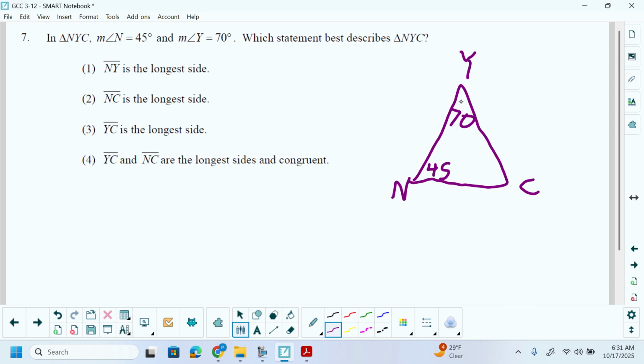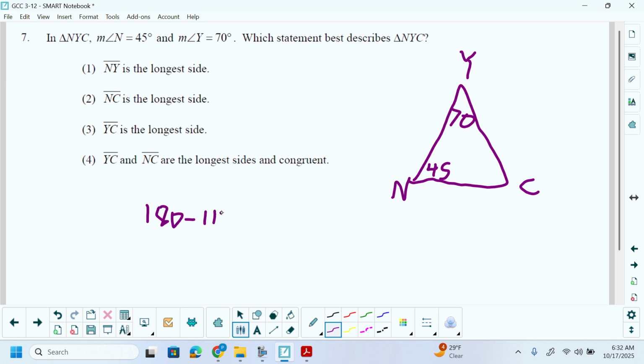And notice our choices are asking about longest side. So we saw the other day, the big idea is small angle is across from small side, medium angle is across from medium side, and large angle is across from the large side. So we can't figure out which one is the largest until we know that third angle. So if we add the 70 and the 45 together, we'll get 115.